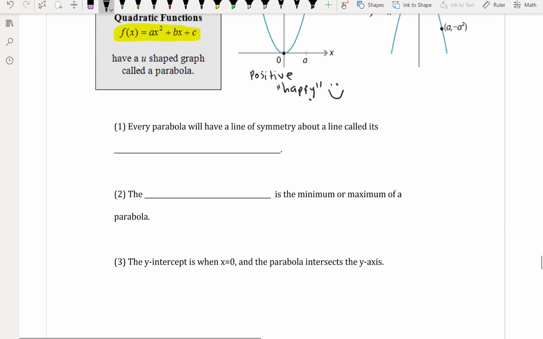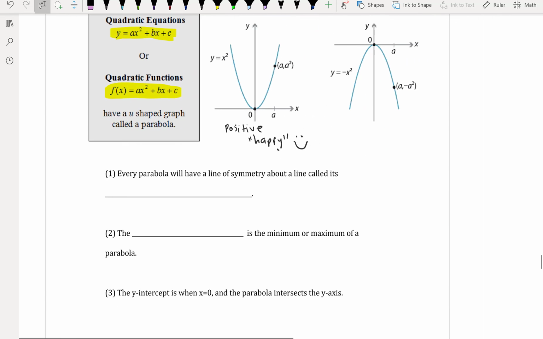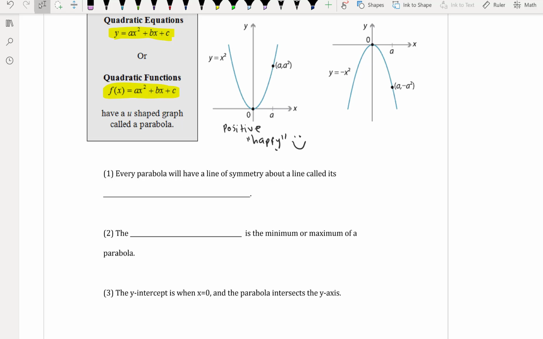Okay. So every parabola will have a line of symmetry called its axis of symmetry.